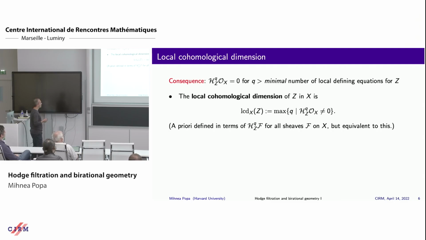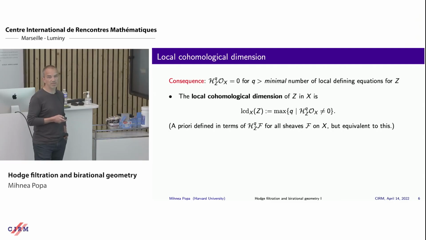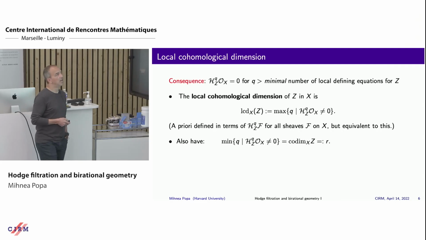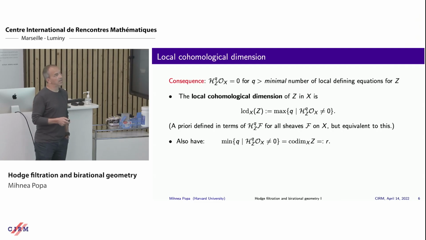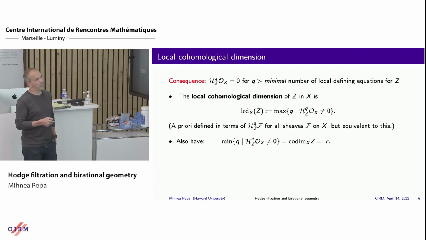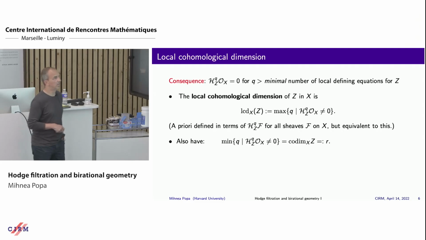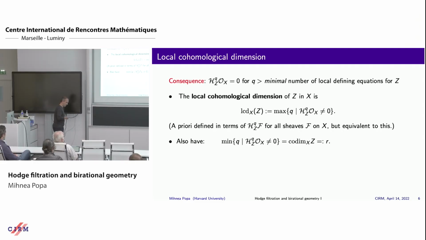This is rather mysterious, but what's not mysterious is the lower bound. We're inside a closed subvariety Z in a smooth variety X, and it turns out that you always have the minimum over the indices or the exponents for which local cohomology is non-trivial.